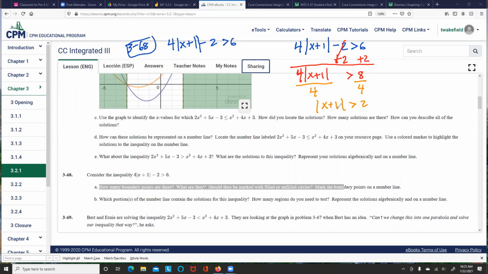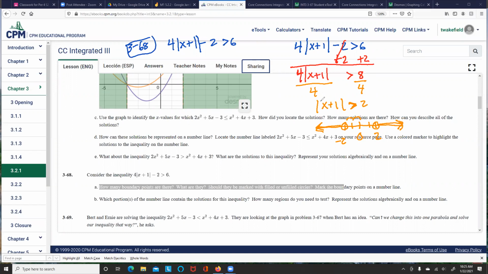Now, when we think about this, absolute value is greater than 2. Remember, this is a greater than problem, so they're going to go in opposite directions. Well, what numbers have an absolute value bigger than 2? It would be all the numbers to the right of 2 and all the numbers to the left of -2, because those are numbers that have a distance bigger than 2.